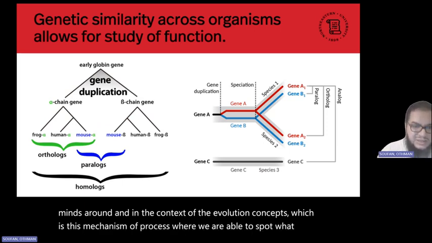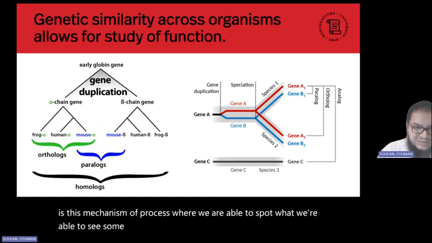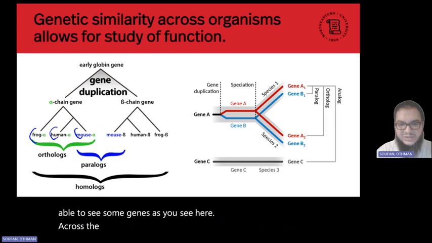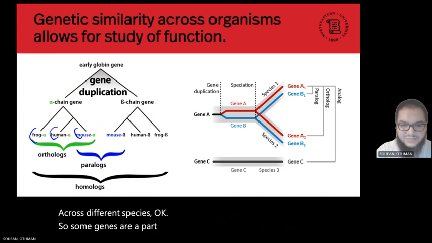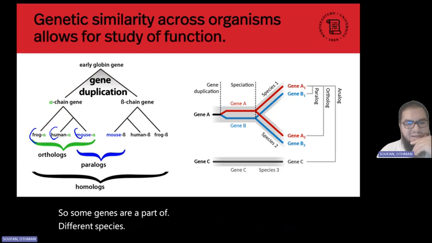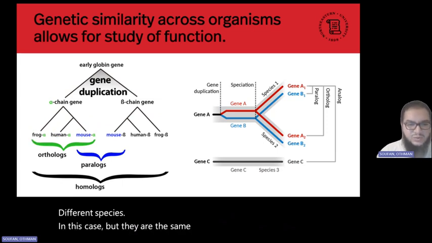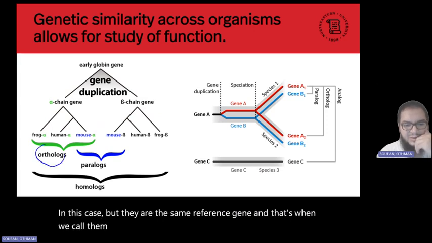We're able to see some genes, as you see here, across different species. So some genes are part of different species, in this case, but they are the same reference gene, and that's when we call them orthologs. Orthologs in this case.